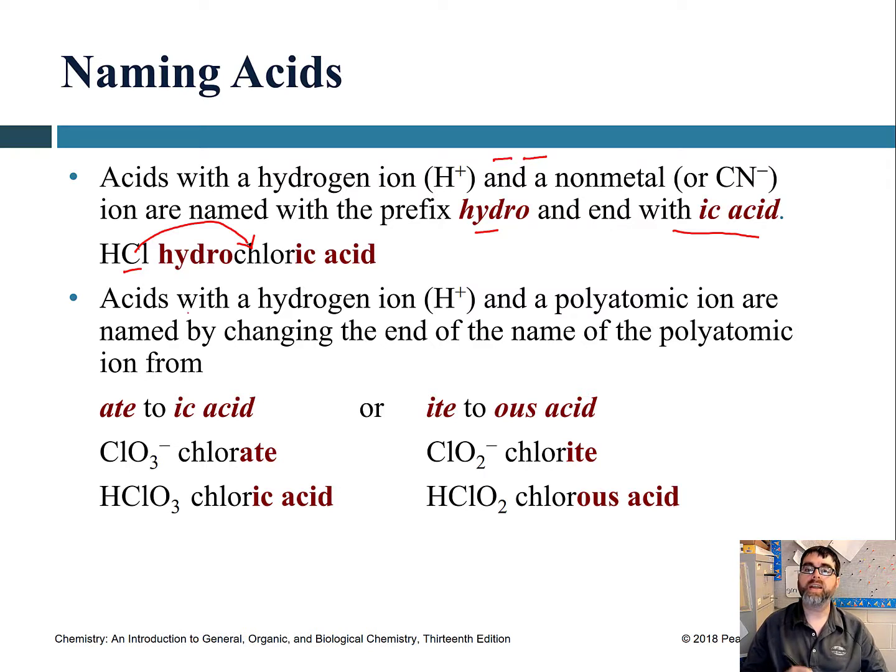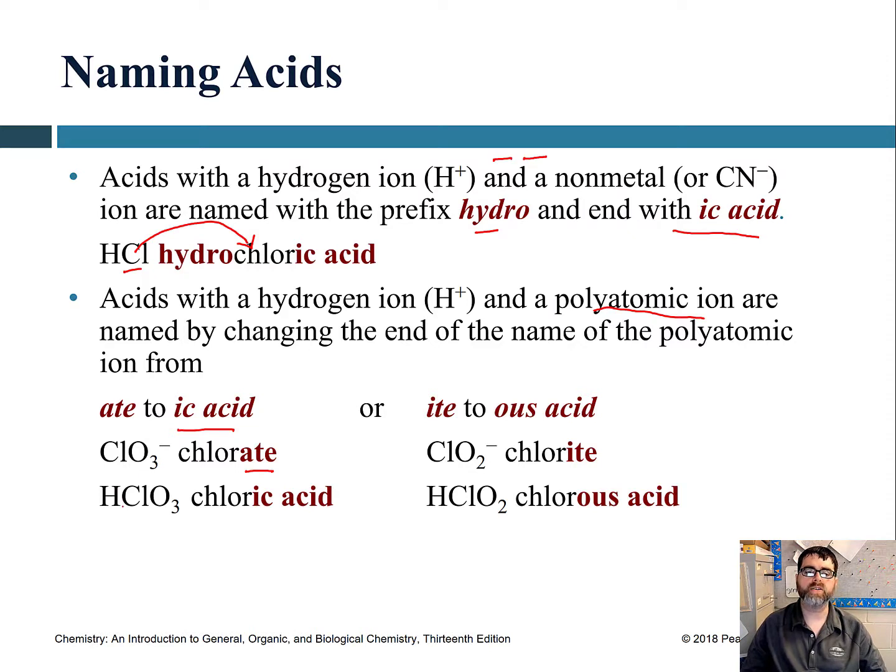If it is higher than binary, that is, it's made up of more than two pieces total, a polyatomic ion bonded to the hydrogen, then it depends on what the suffix on the polyatomic ion is. If it's the "ate" suffix, then we call it an "ic" acid. You'll notice the same as the "ic" up here, but we drop the hydro part.